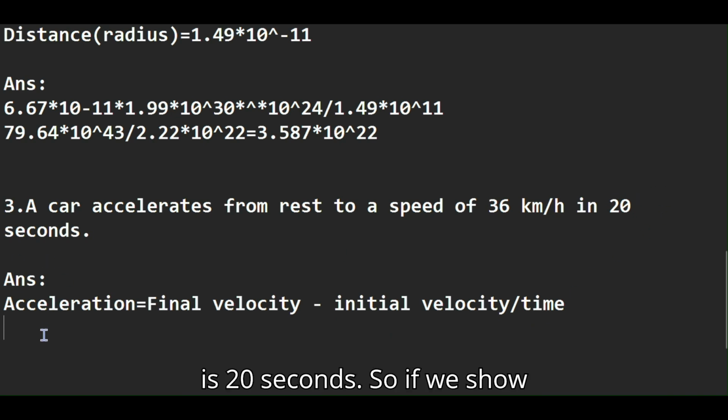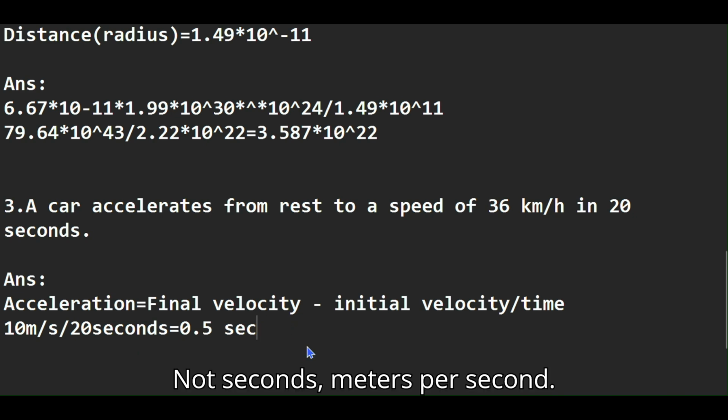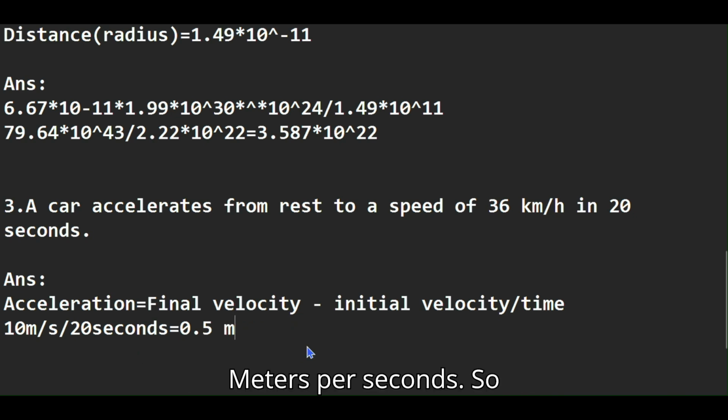So it's 10 meters per second by 20 seconds, which is equal to 0.5 meters per second.